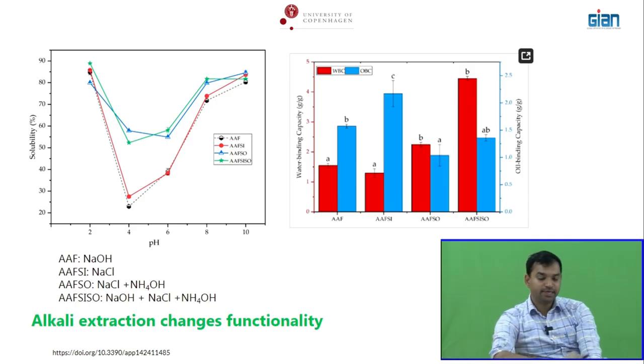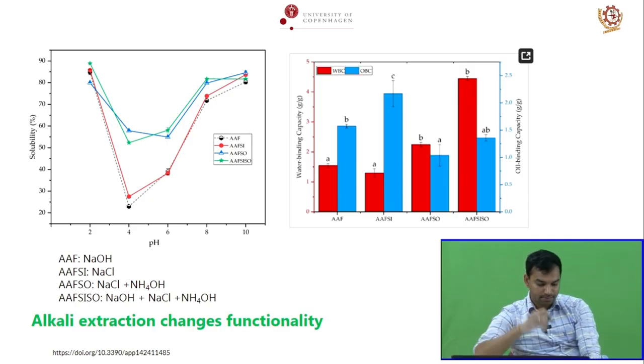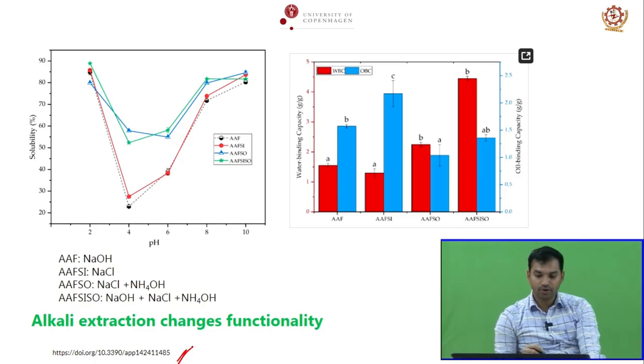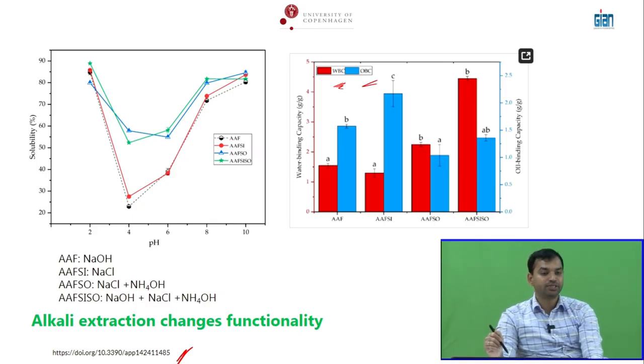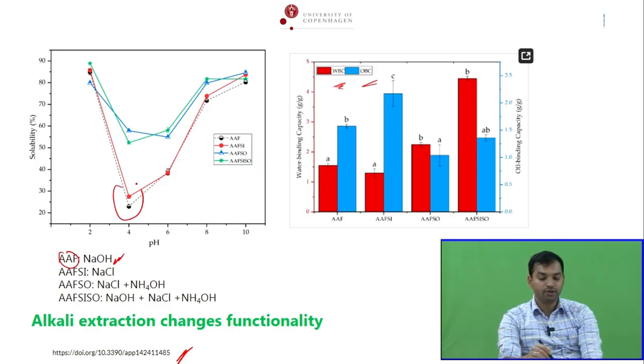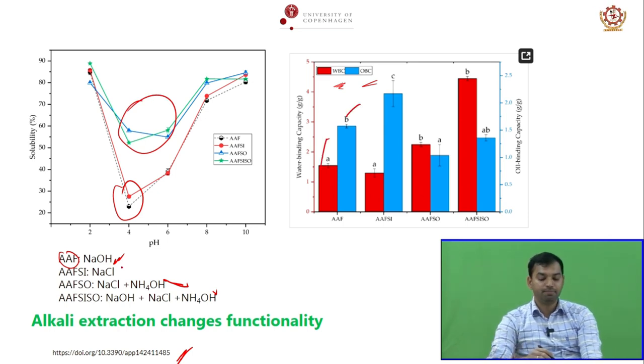Coming back to your own point here, there was a study published a few years ago. They clearly show that the water holding capacity and oil holding capacity are different depending on the extraction you're using. If you use alkali, NaOH, they have a different solubility. If you use NaOH together with salt, they have a different solubility. And their water holding and oil holding capacity changes completely depending on what type of extraction you're using.